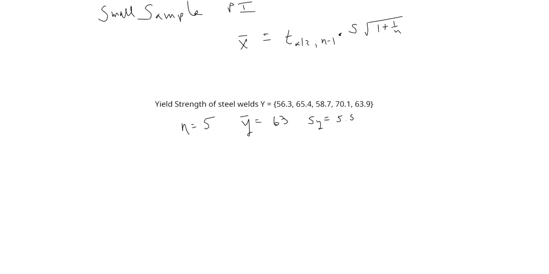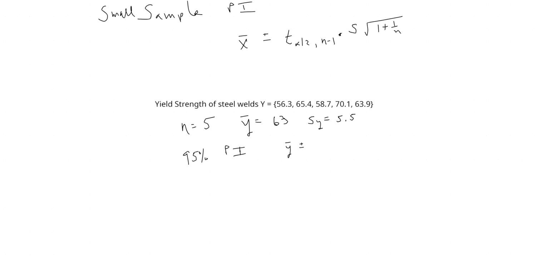So now let's create a 95% prediction interval. Someone is going to go out and test a random weld out there on the bridge, and they want to figure out the prediction interval within which that one random weld will fall. So that's going to be y bar plus or minus, and we've got a small sample here, so we're going to use our nice t-score.